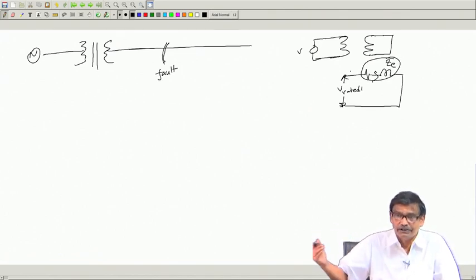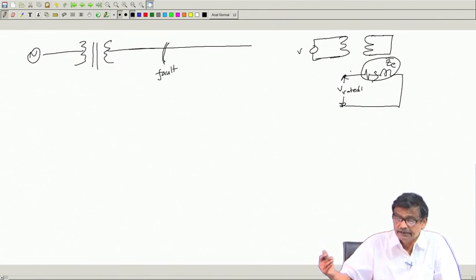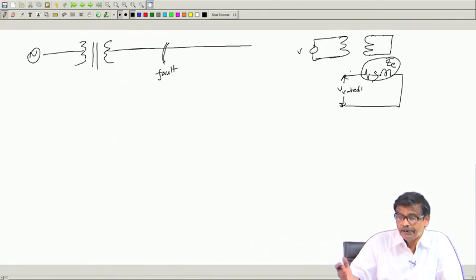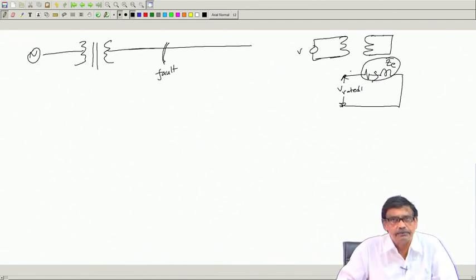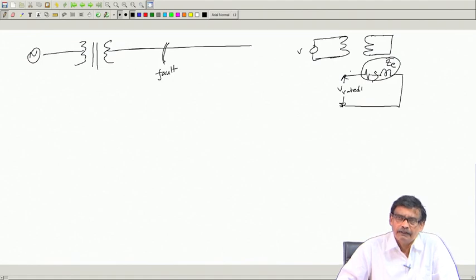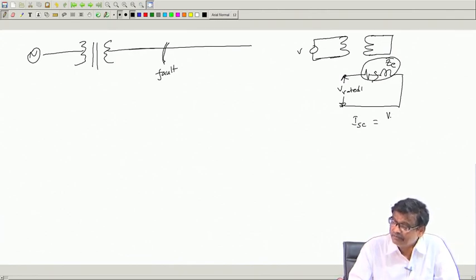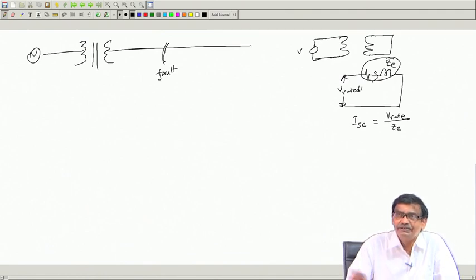Although from the regulation point of view this is fine, you should be prepared, you do not know, there may be a direct short circuit at the secondary of the transformer, and then huge current will flow. If some leakage impedance is there, the short circuit current will at least be limited by V rated divided by this Z, not by this.